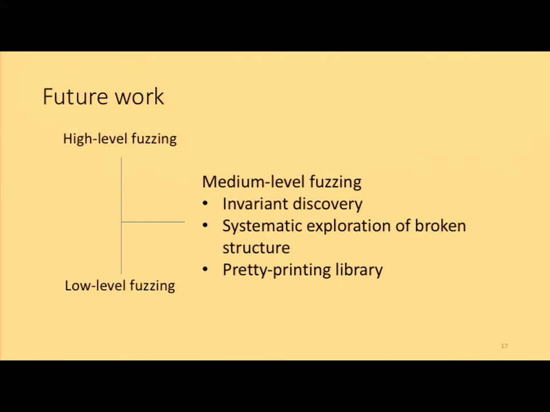As for future work, we have basically these two levels of fuzzing: low-level fuzzing and high-level fuzzing. But we can also think of fuzzing at different levels of abstraction, not just generating bogus files from imprecise types, or changing bits in the input, but lots of things in between.